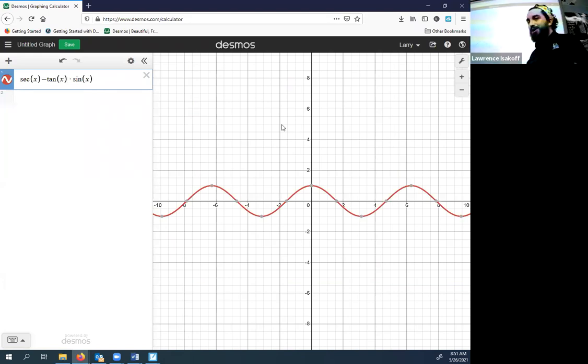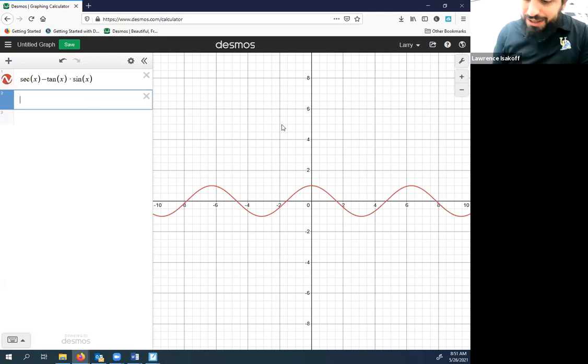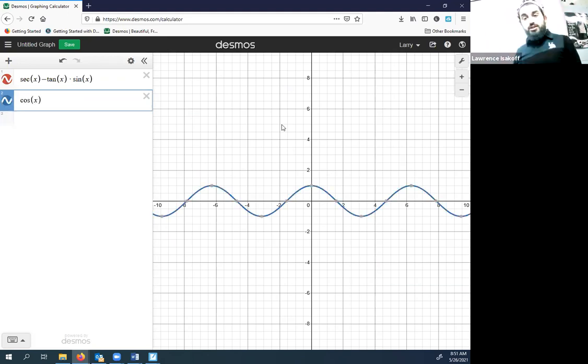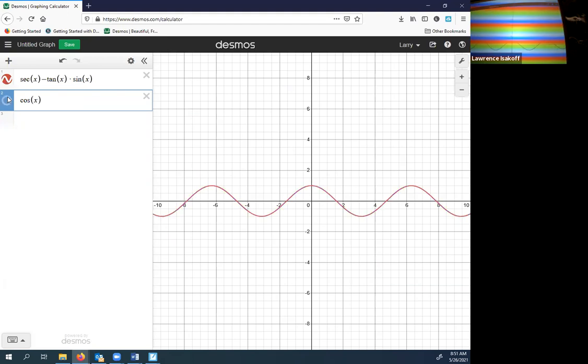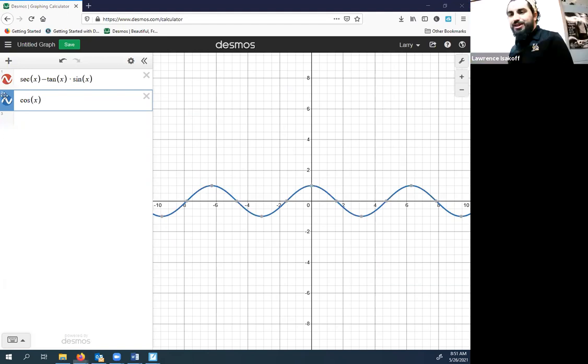Well, gee, that sure does look like a cosine curve to me once I type it all in. Let's double check by just typing in cosine of x. And what do you know? The graphs match. This red graph and blue graph are exactly the same. So yes, those are equivalent expressions.